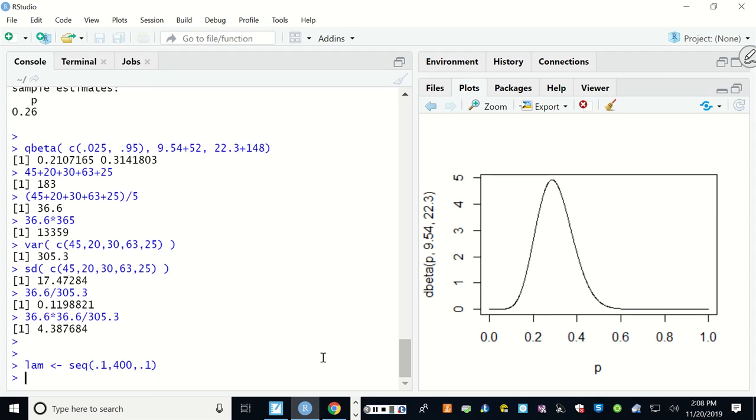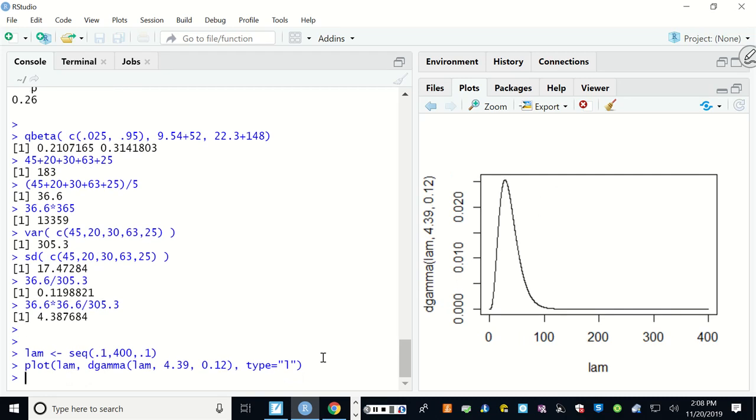It's a lot of numbers, but it's fine. So we plot the lambdas and the density for gamma at those values, with our numbers 4.39 and 0.12. Let's see what this looks like. So it looks like something like that.